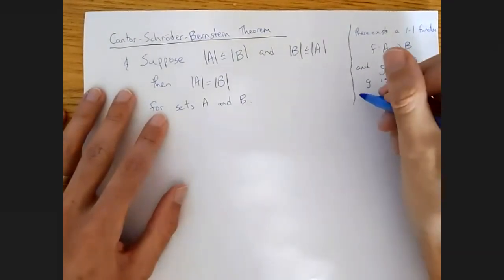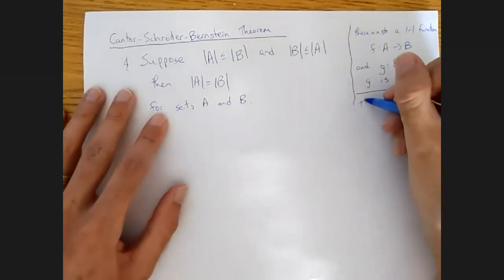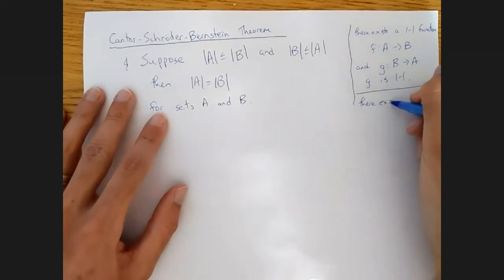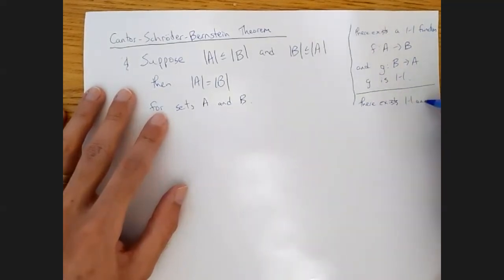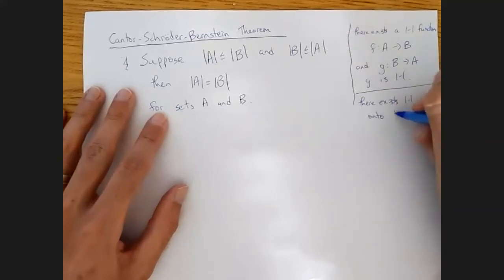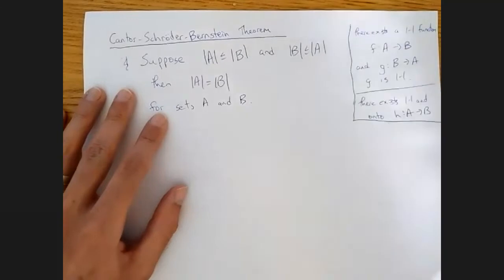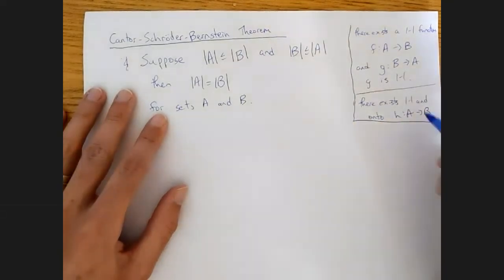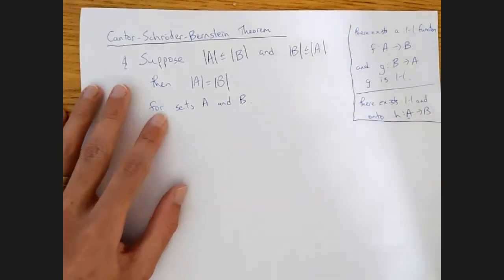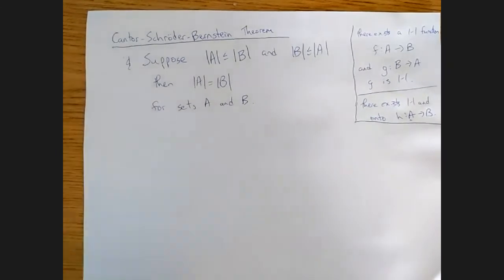And then the conclusion says that there exists a one-to-one and onto function h from A to B, because that is what we have said it means for two sets to have the same size: a one-to-one and onto function between them. In other words, we match up every element of A with an element of B and vice versa.